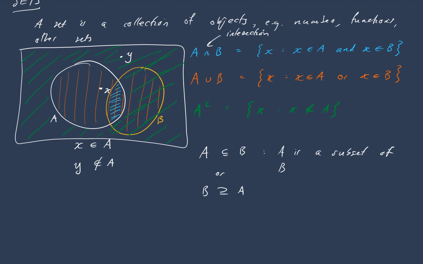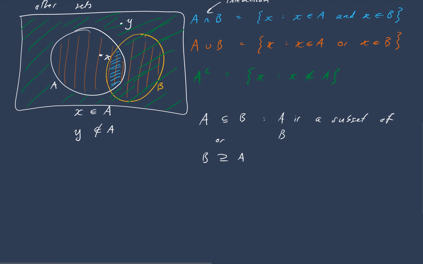That means exactly the same thing: B contains A. To assert that two sets are equal, often a way of establishing this is to show that A is contained within B and B is contained within A.